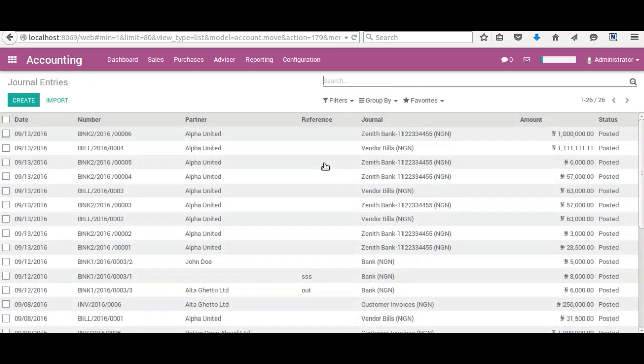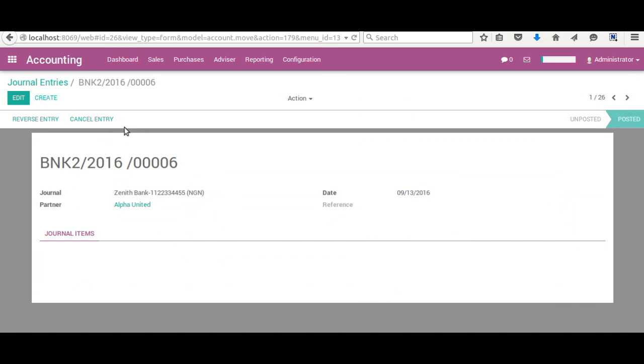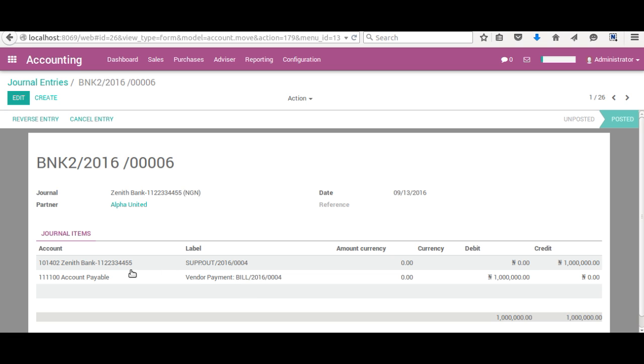If I take that filter out, I have a second journal. So let's look at that journal. Very straightforward. It basically just debits the accounts payable, to more or less cancel out that liability to the vendor, and then it credits the bank account.